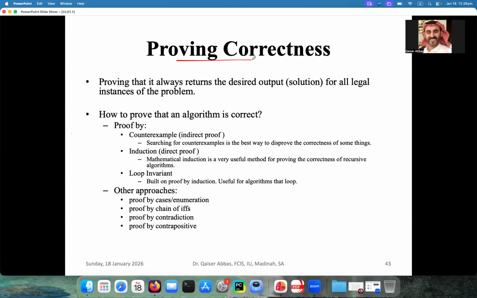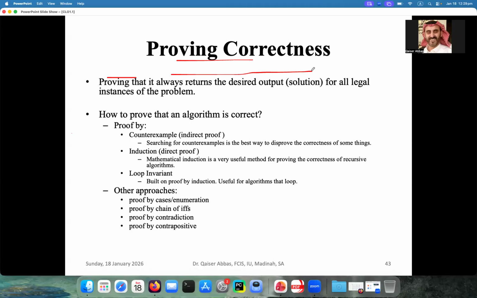So in proving correctness, what is the general meaning? We are going to prove that this algorithm will always give us the desired output, the desired solution, meaning a correct answer, which is what we want.